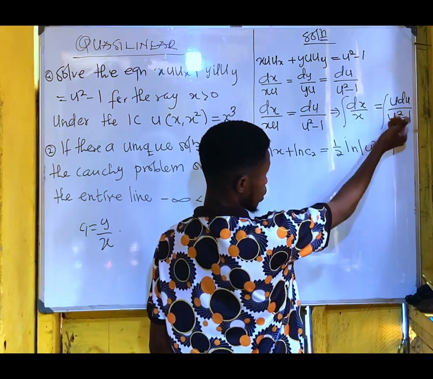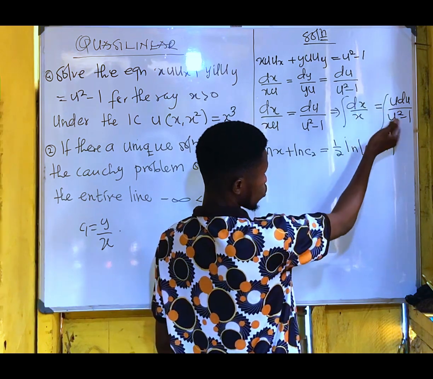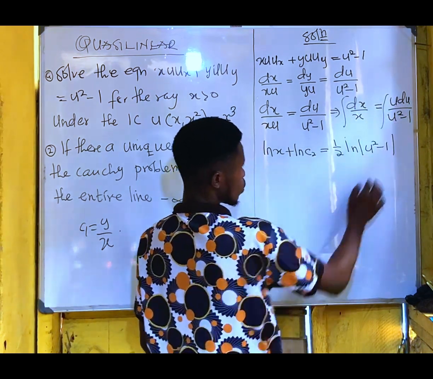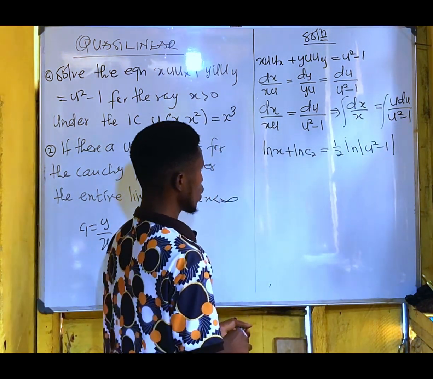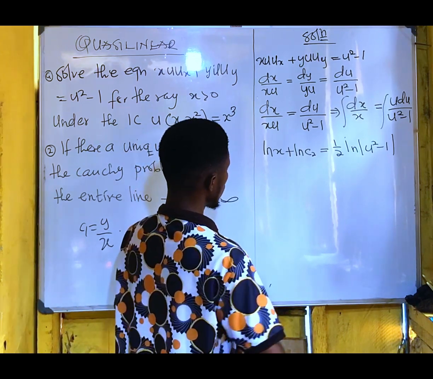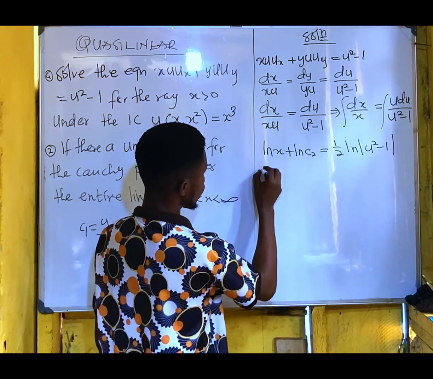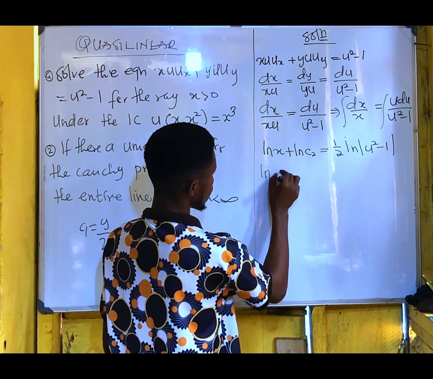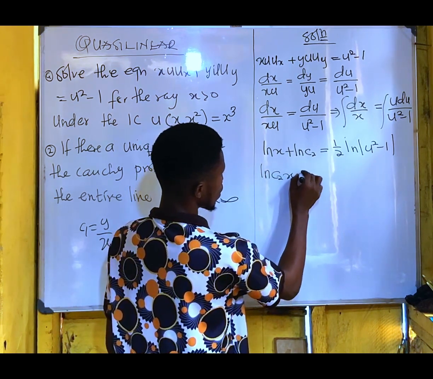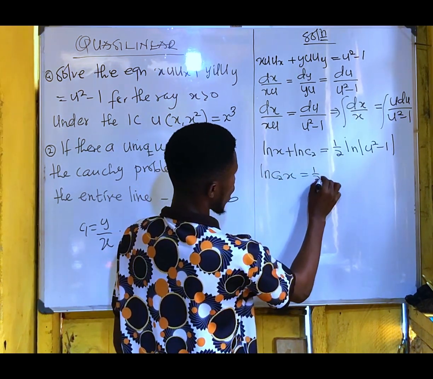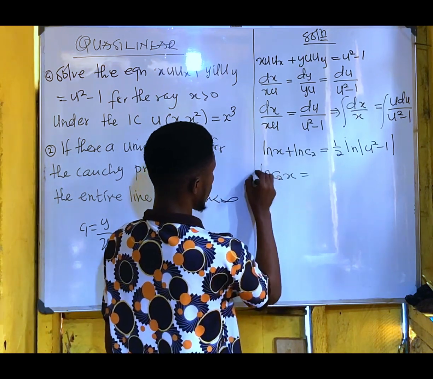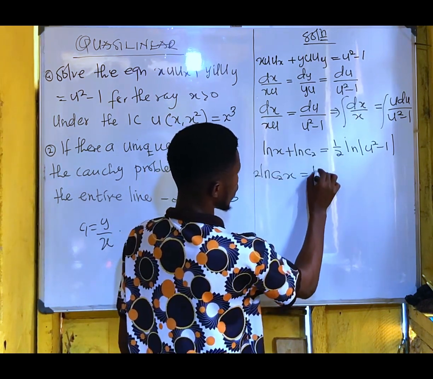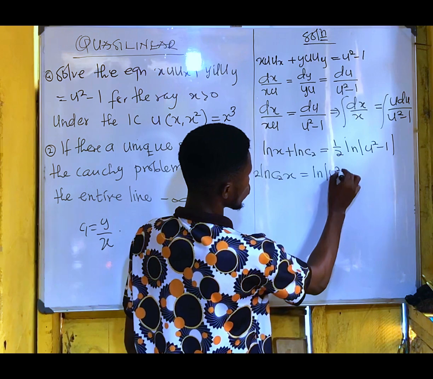So that 2, when you factorize the 2 out, will be 1 over 2 outside, leaving u. That's why you get something like this. So in this case, this and that will give you ln c2 x equals to half, let me even multiply by 2, so 2 coming here, ln of u square minus 1.